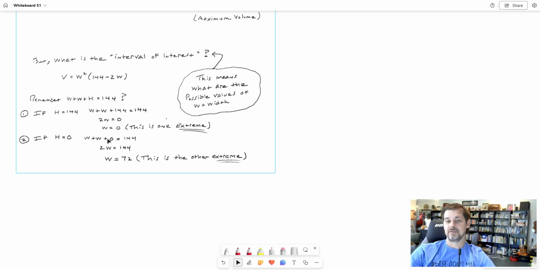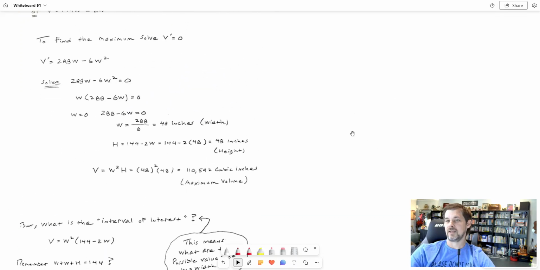So then I put 0 in for the height, and I get 2W is 144. Okay, and I divide by 2, I get 72. So that's the other extreme. So by pushing the height up and down to its extremes, I solve for the width in its extremes, 0 to 72. So would it make sense for the width to be less than 0 or more than 72?